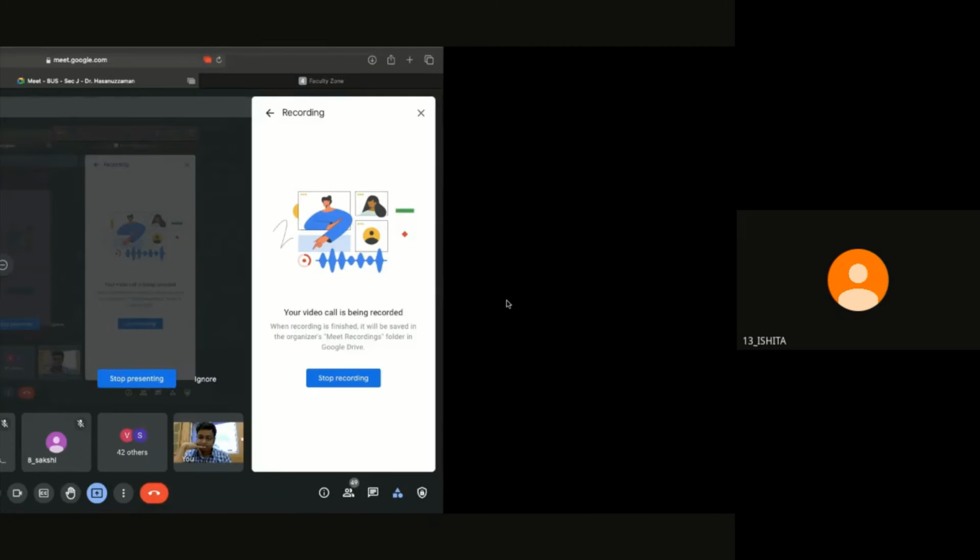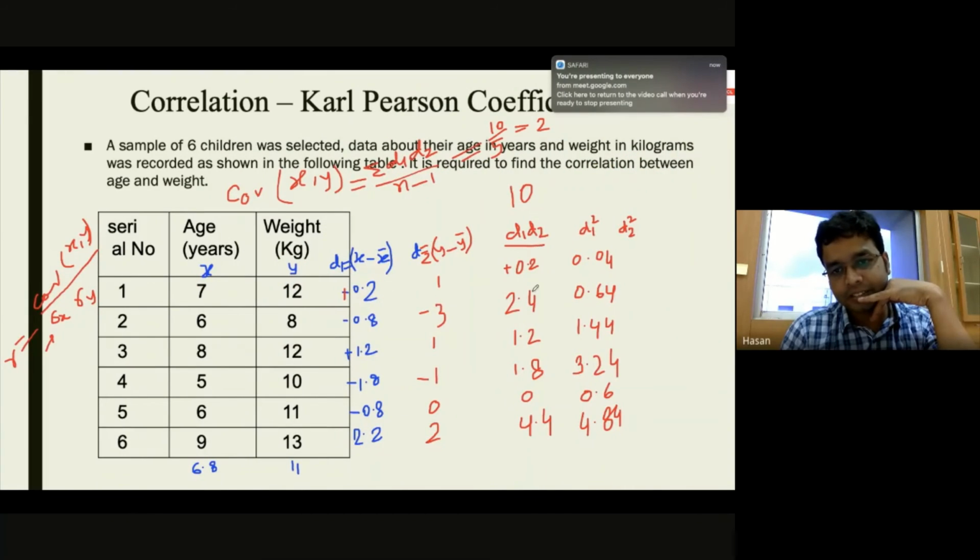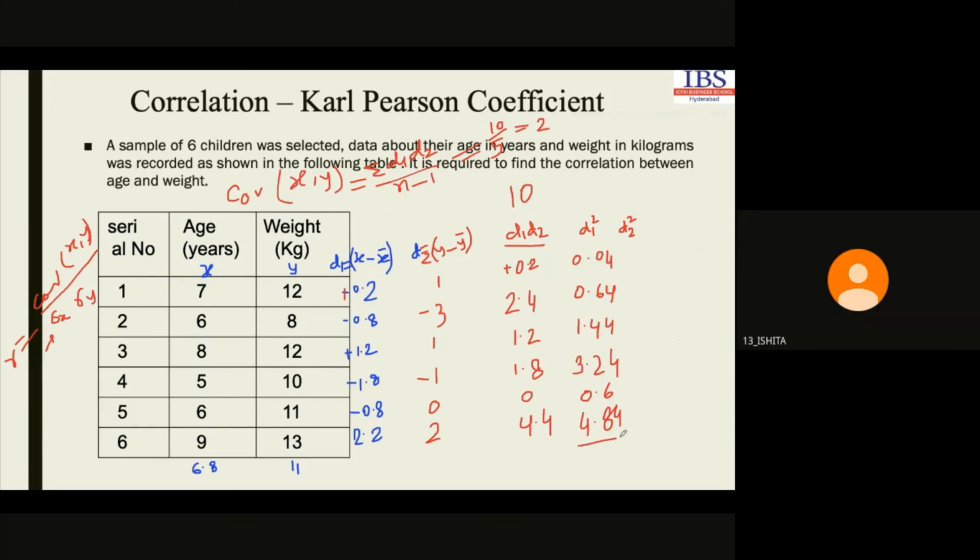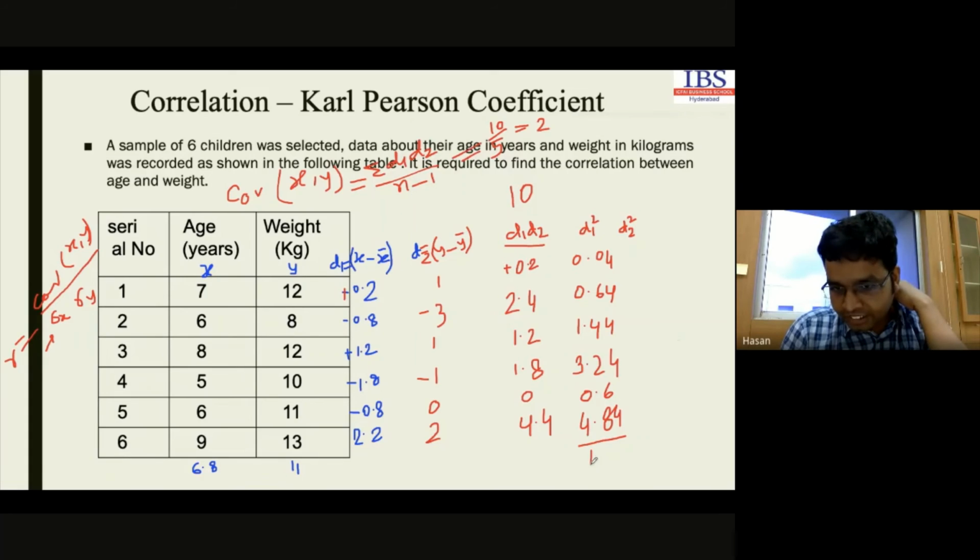This is the sum of D1 square. Everyone got the value 10.8. Okay, tick.